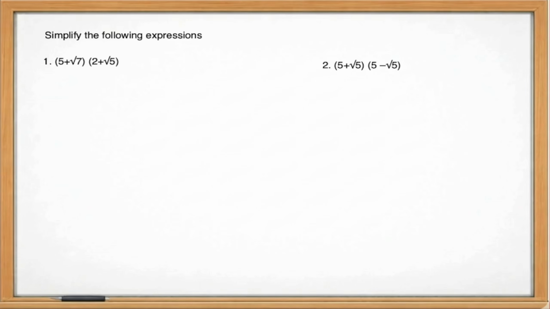Simplify the following expression: (5 + root 7)(2 + root 5). So in this one, how can we write?